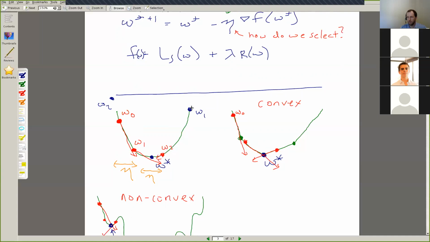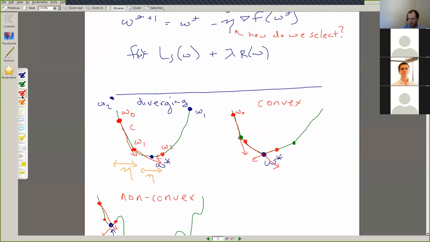And when this happens, we would say that the algorithm is diverging in blue, when it's getting farther and farther away from the minimum each time we run it. Whereas in this red situation, we're getting closer and closer to the minimum. And so we'll say that the algorithm is converging.